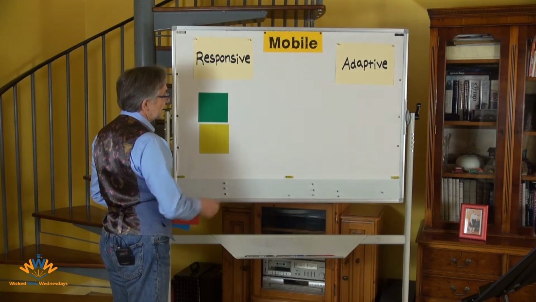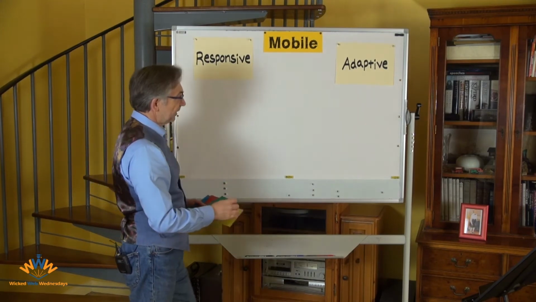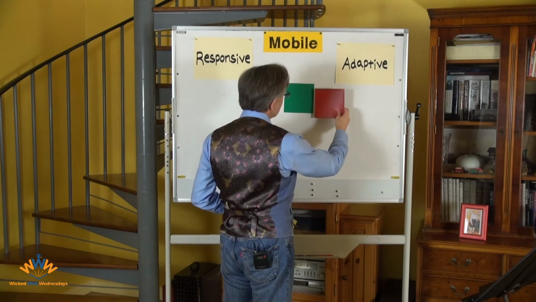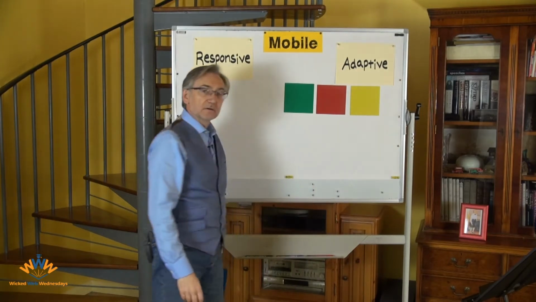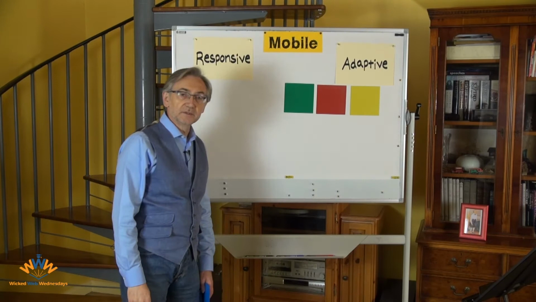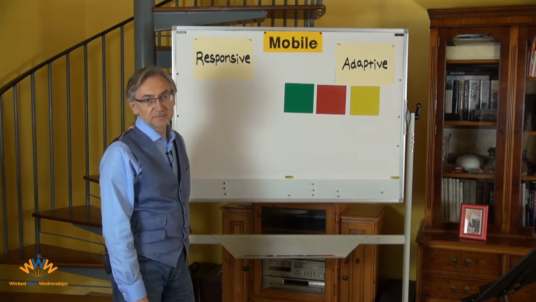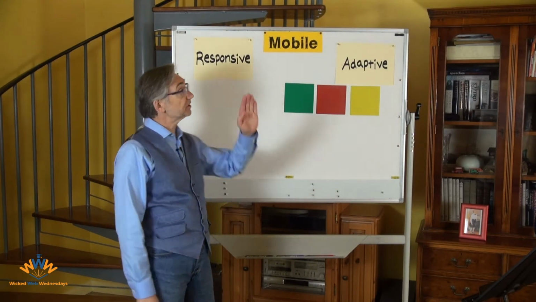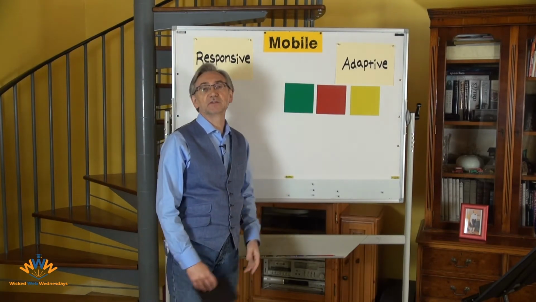Now, let's look at an adaptive website. Again, when you're looking on the desktop, you see the website that you would expect to see. And then you go and look at the same website on a mobile phone, and if it's a responsive website, you'd be expecting to see these blocks rearranged.